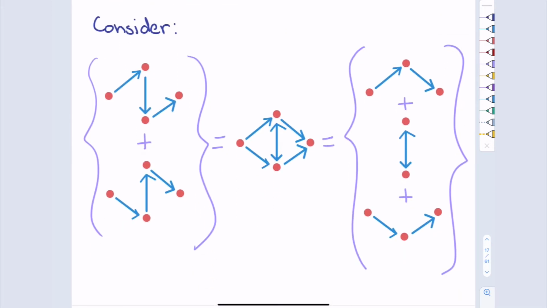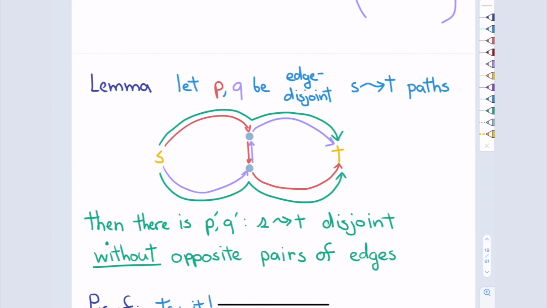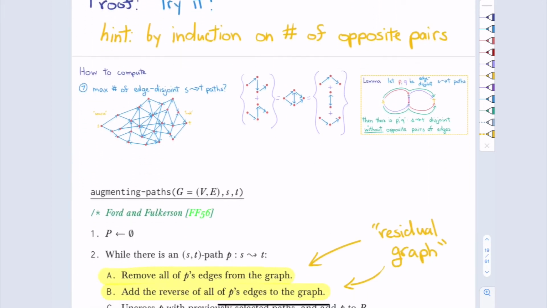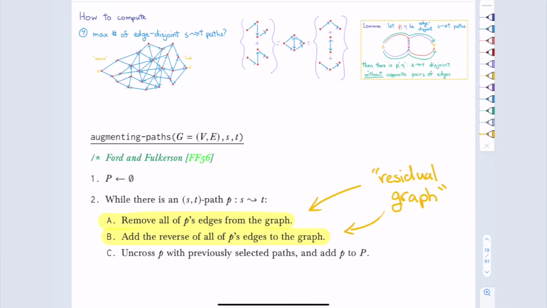But we looked at the problem a little more closely, and we developed this idea that I can cancel out opposite edges. I can uncross opposite edges to get 2 paths. There are no opposite edges. So we had, for example, this lemma. And that led to this augmenting path algorithm.